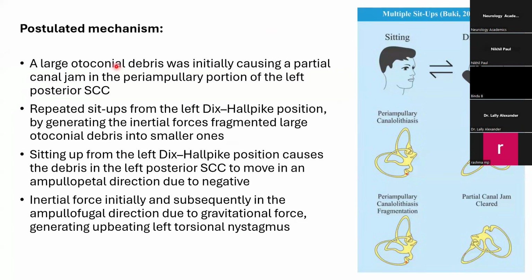Initially there was a large otoconial debris which was causing a partial canal jam in the periampullary region. All these repeated sit-ups caused stress and disruption, a disintegration of this otoconial debris, and it broke into many smaller particles. And these particles, the next day while doing Dix-Hallpike, activated the canal, leading to our typical nystagmus. So this is one of the few rare reports.